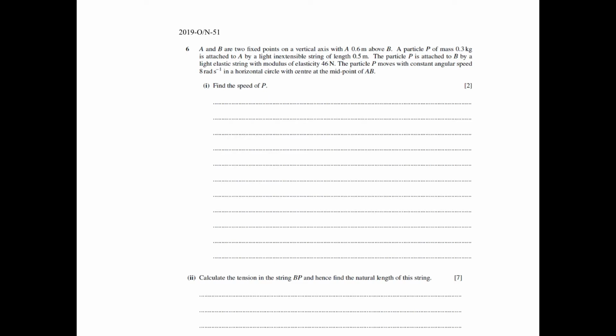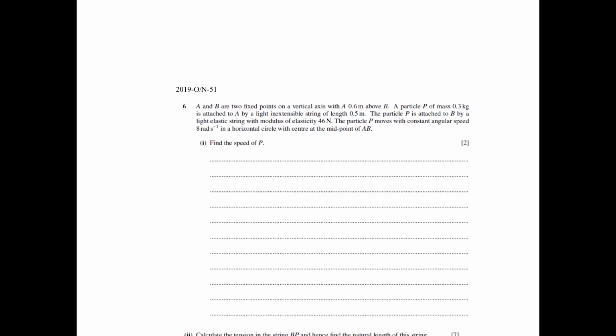Then the particle P moves with constant angular speed 8 radians per second in the horizontal circle with center at the midpoint of AB. Okay, try to imagine something like this. I try to draw it out first. You have A and B on the vertical axis. A is up here, B is down here, separated by 0.6 meter.